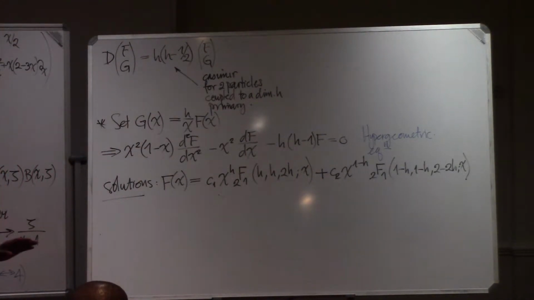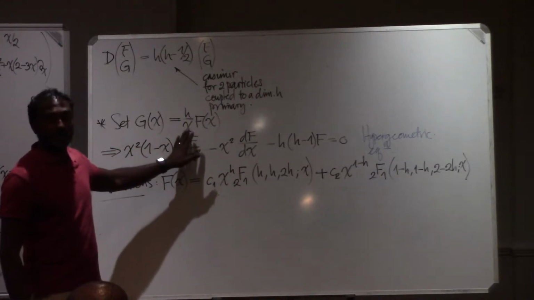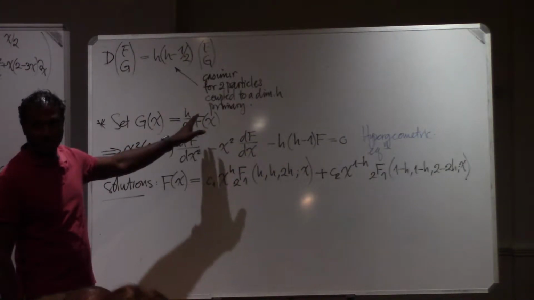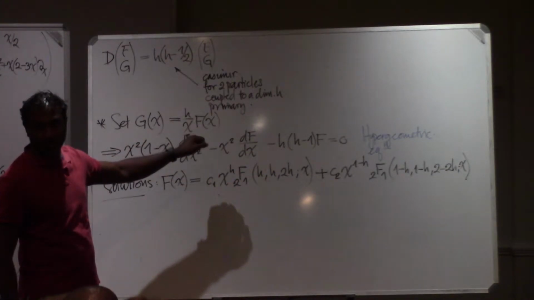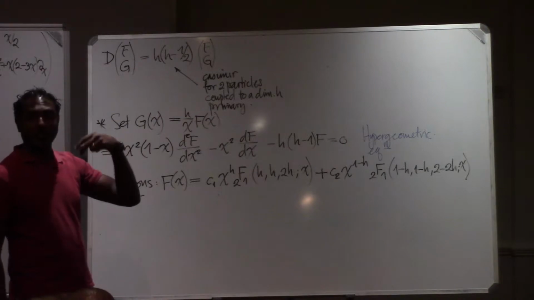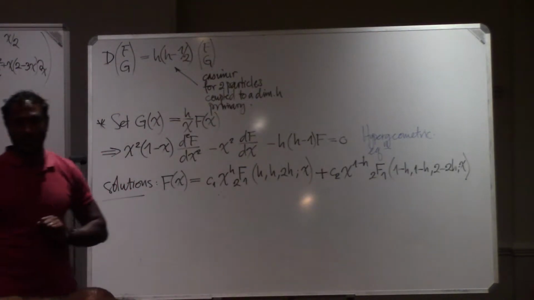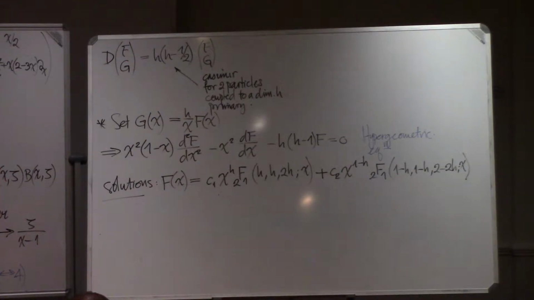So in my ansatz, instead of taking h over chi times f, I could have taken a completely independent ansatz of a half minus h over chi times f, and I would have gotten 2 more solutions. So those 2 solutions plus these 2 solutions, and the counting comes up right. I have 4 linearly independent functions that solve the eigenvalue problem.